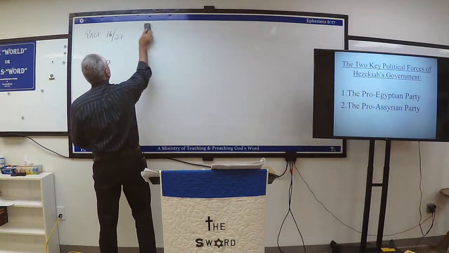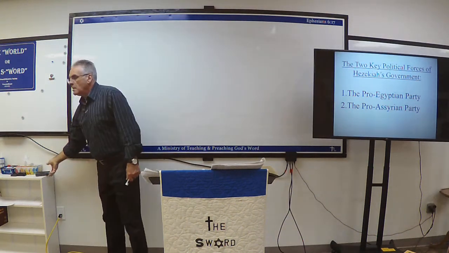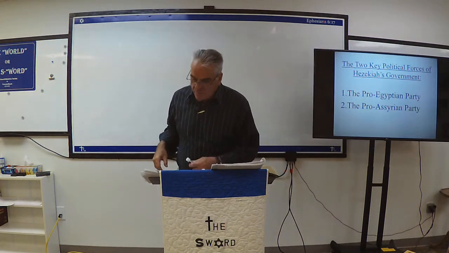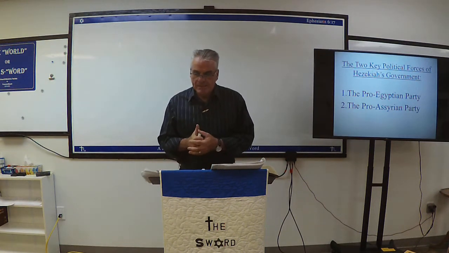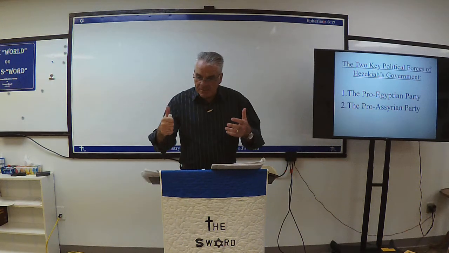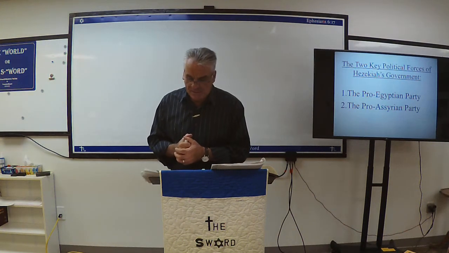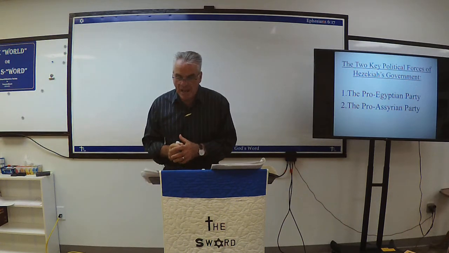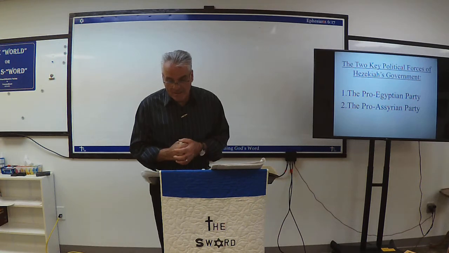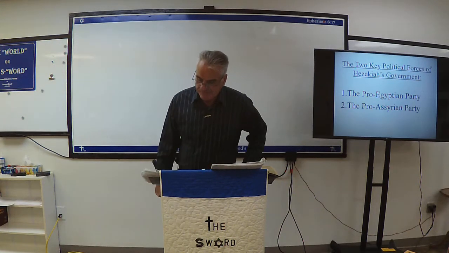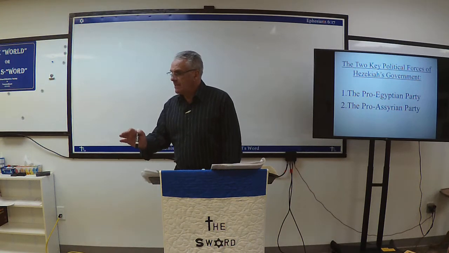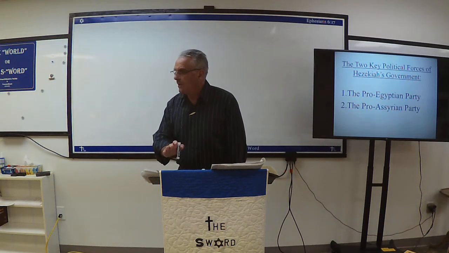So I repeat just a few highlights of it. The pro-Egyptian party or element, they heard that there was an agitation on the political scene, and they were pushing for an alliance with Egypt, of course, against the Assyrian, in opposition to Isaiah's will, which is God's will.